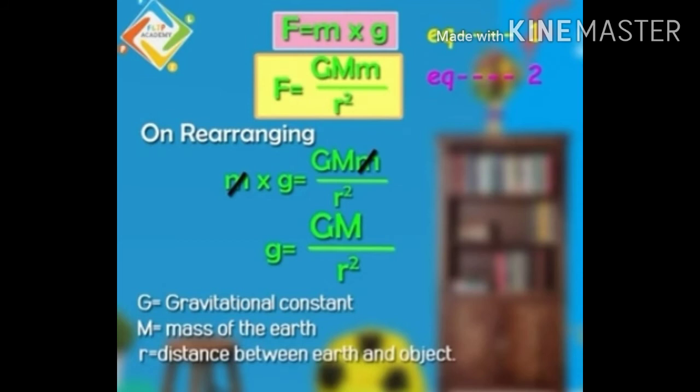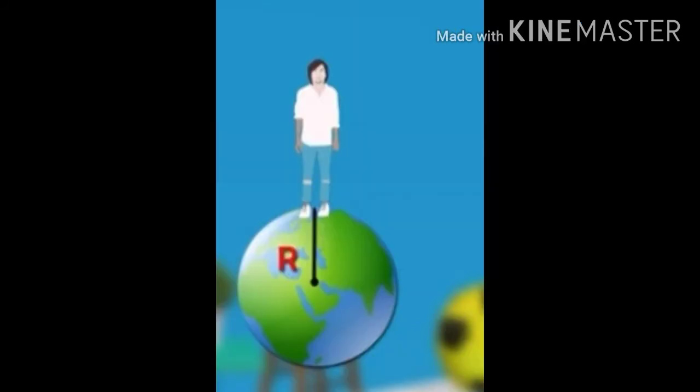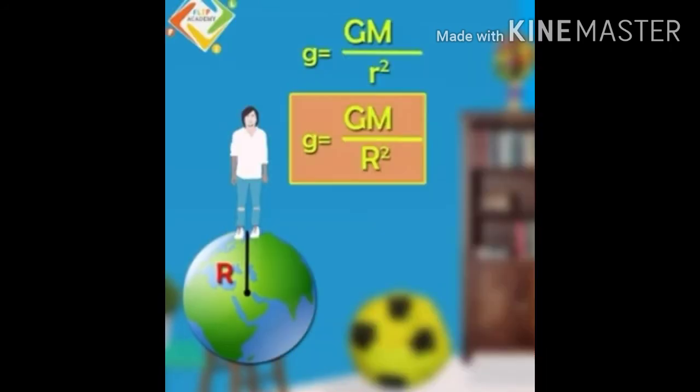So the distance r in this equation, g = G M / r², will be equal to R, the radius of the Earth.